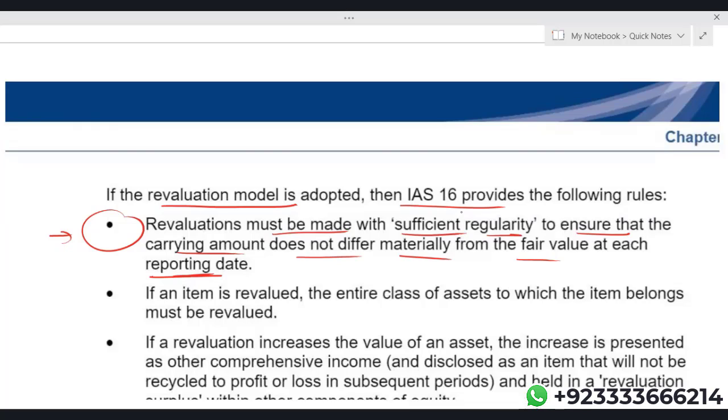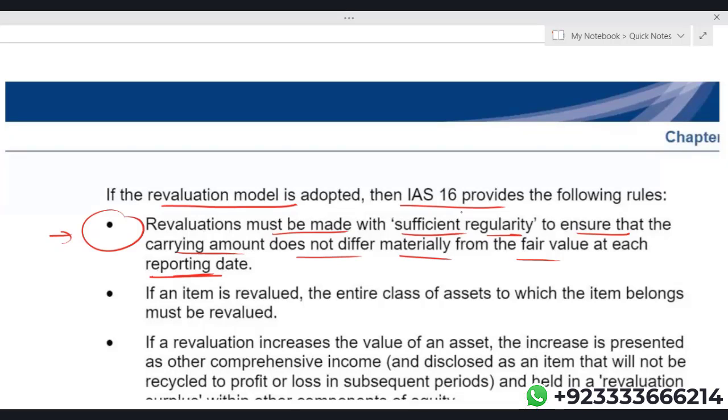any IAS or any IFRS in which the term fair value model comes. Fair value model means on each reporting date, if that fair value model is applicable on an asset, then you have to revalue and calculate the fair value of that asset on each reporting date.